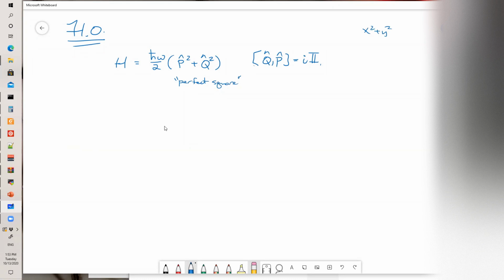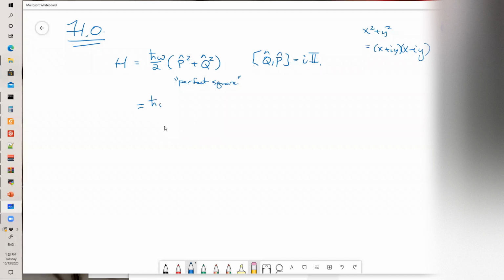A good thing that you might think about doing is expanding this into linear factors, right? You'd have x plus iy, x minus iy. And that's kind of the motivation. That's what you would want to do here, in order to try to solve for the eigenvalues and eigenstates of this thing. The first thing to do is try to factorize it.